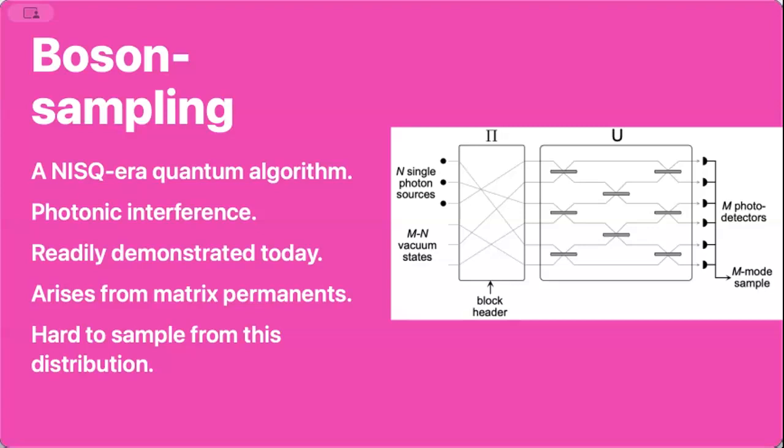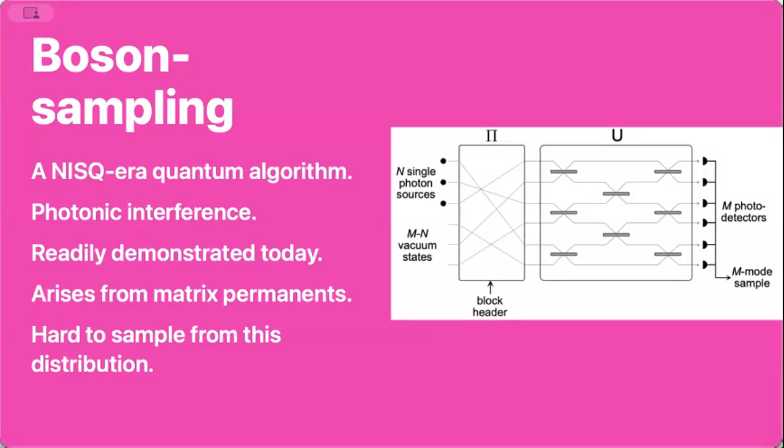Nonetheless, this problem being defined in that way as a sampling problem, this is a problem that classical computers simply cannot do efficiently, even for not that many photons. So if we put in just, say, 20 photons into an interferometer like this, simulating the output statistics is already really, really computationally hard.